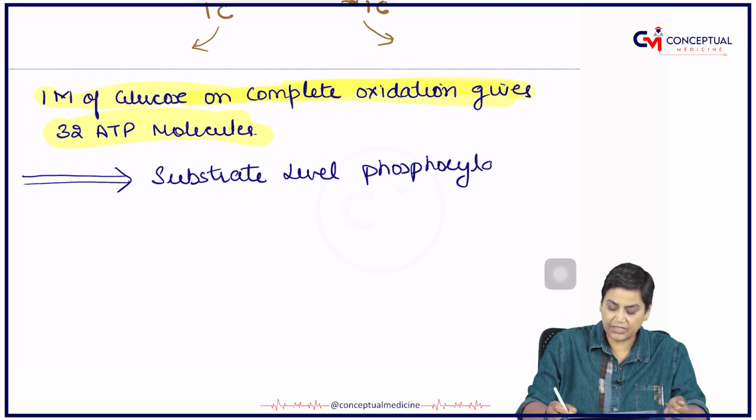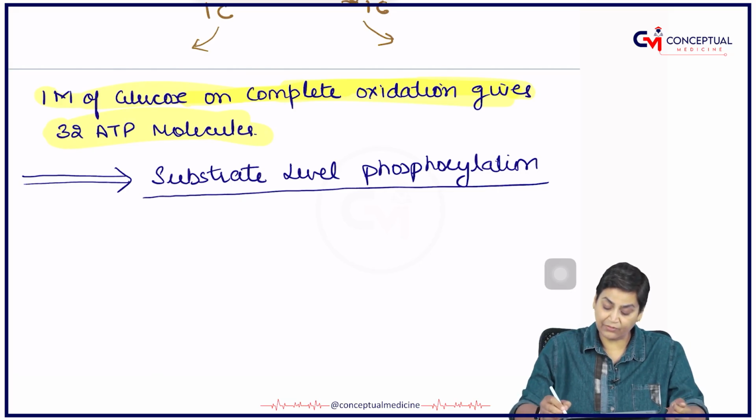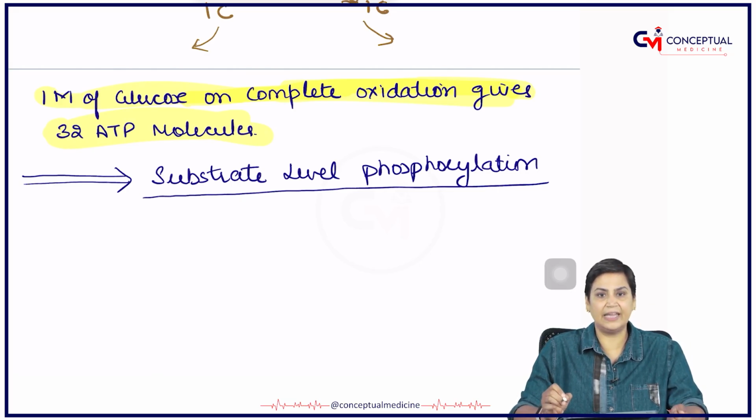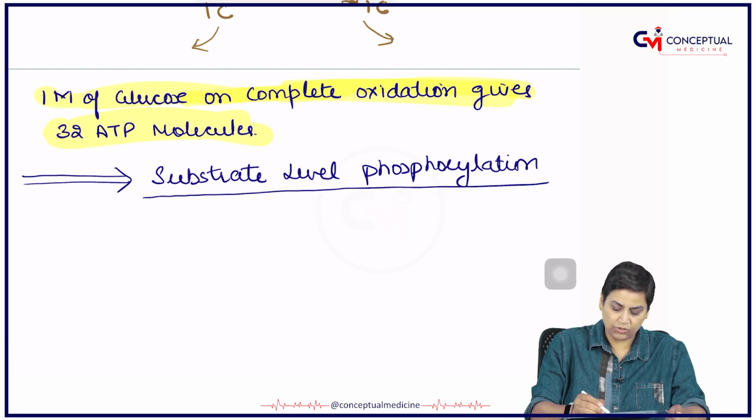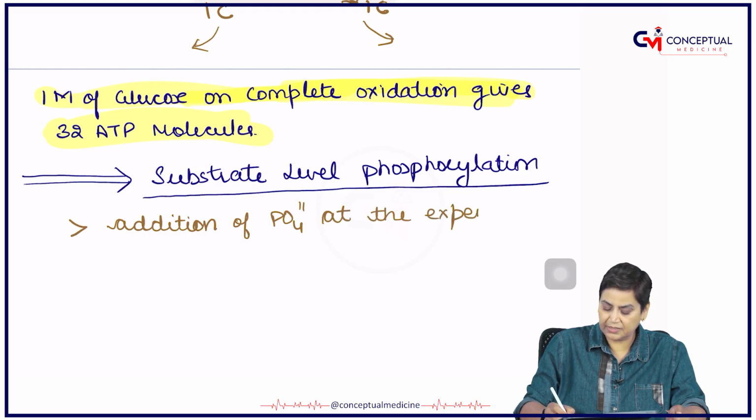What is phosphorylation? It is simply attachment of inorganic phosphate. From where that phosphate is coming? It is coming at the expense of the substrate. So how do we define? Simply you can say that addition of phosphate at the expense of the substrate.